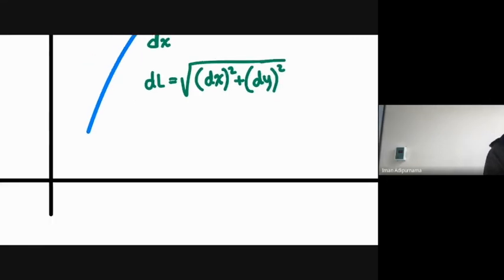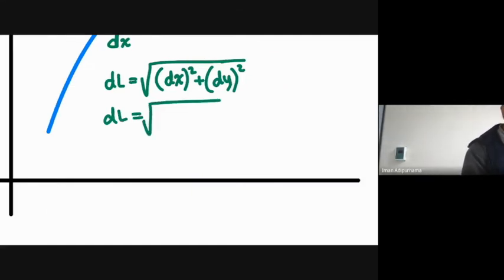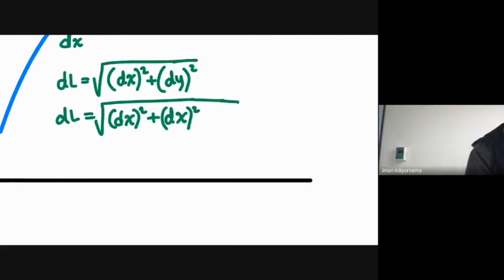Now I can also try to rewrite the form. First is dx squared still. So dx squared, and then dy squared.